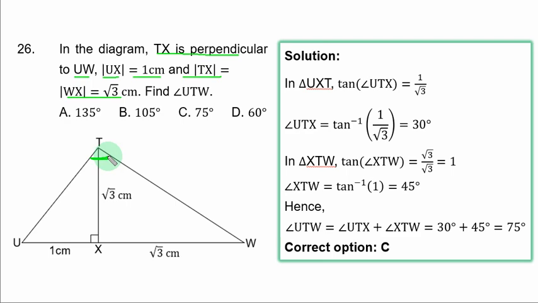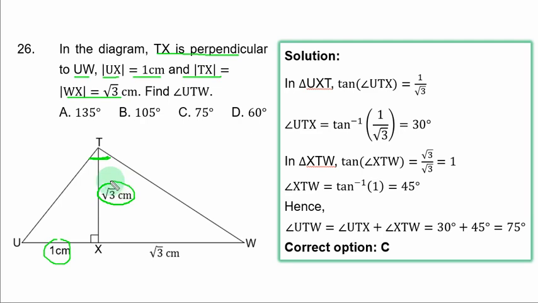In triangle UTS, you can get this angle first. This is a right angle triangle. So if you are to get this angle, this is hypotenuse. The given sides are opposite and adjacent.